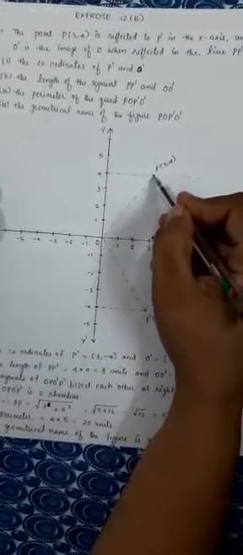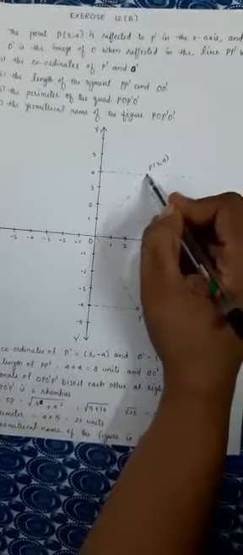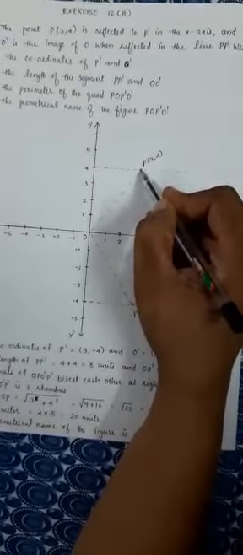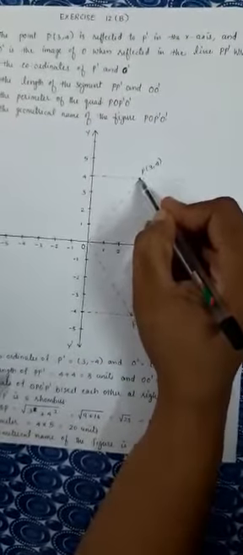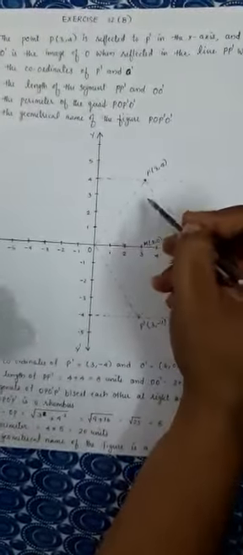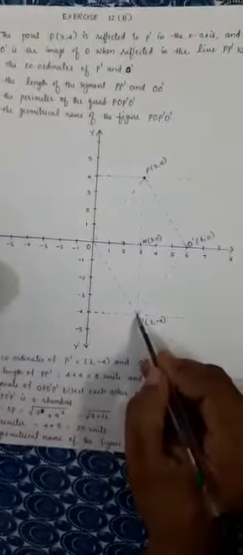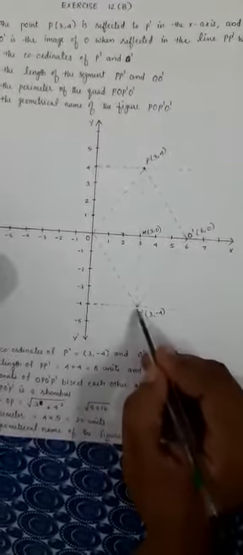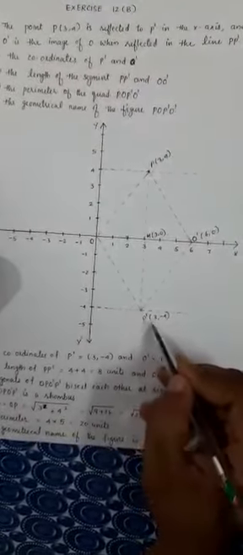You know reflection in the x-axis means x remains the same, y takes its negative sign. So it is (3, -4). You know where (3, -4) is? In the fourth quadrant, that is x positive and y negative. Therefore the point (3, -4) is here.